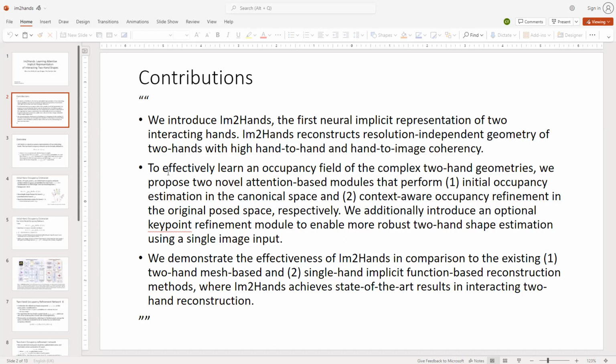If you're interested in getting high frequency detail at a particular point, that would not have been possible with meshes, since you cannot just increase the number of vertices. But with implicit representation, if you want higher detail at a particular point, you can just query with a lot of 3D point inputs at that position. So in a way, implicit representations could be said to be resolution free.